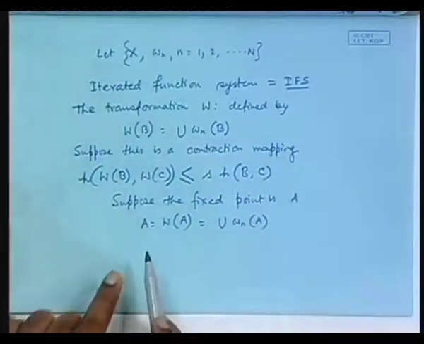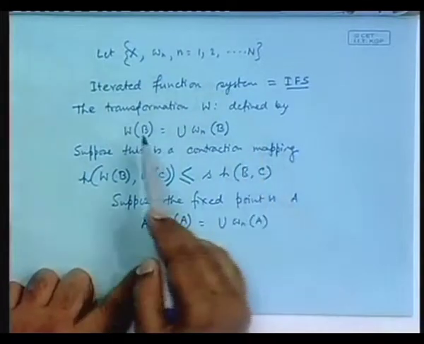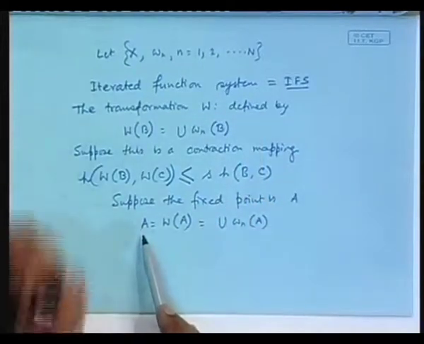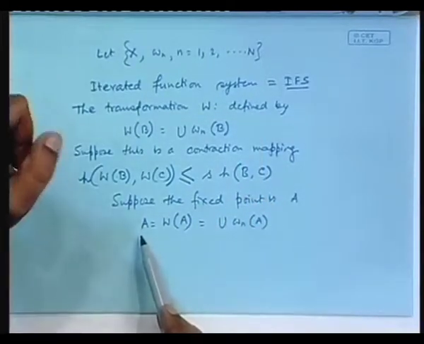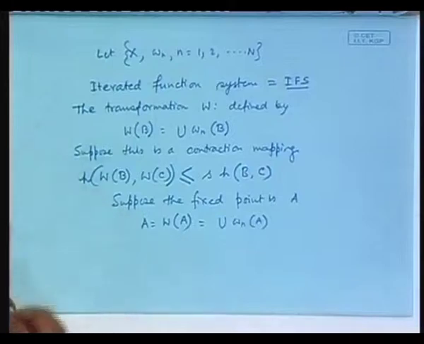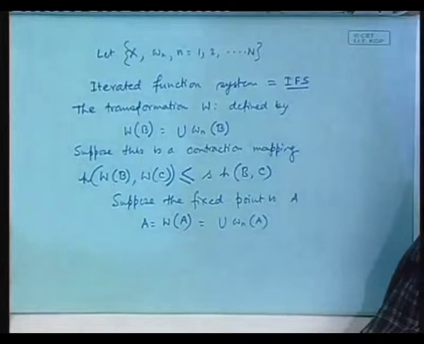It means that A is unique. For every such transformation we have defined, the fixed point is unique. It is an image, and starting from any other image, say B, we can repeatedly apply this transformation and ultimately converge onto A.